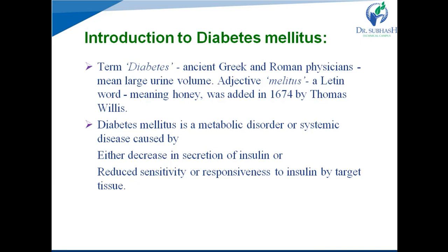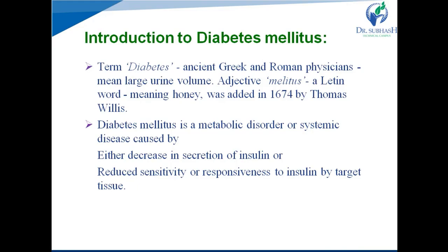In diabetes, metabolism of carbohydrate, fat, and proteins is disturbed, so it is a metabolic disorder, and the level of insulin in blood is also disturbed, and it causes many macro and microvascular diseases, so it is also a systemic disease. Metabolic disorder because the metabolism of carbohydrate, fat, and protein is disturbed, and systemic disease because macro and microvascular diseases are also developed.